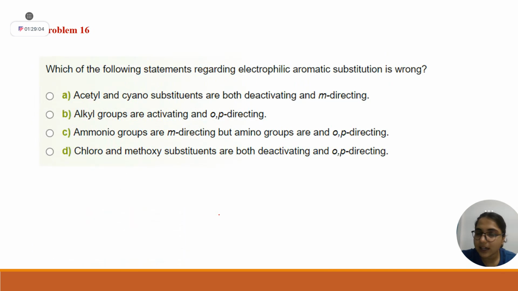Okay, I think last question. Okay, second last. Which of the following statements regarding electrophilic aromatic substitution is wrong? First, acetyl and cyano substituents are both deactivating and meta directing. Correct or not? Acetyl is this group, COCH3.